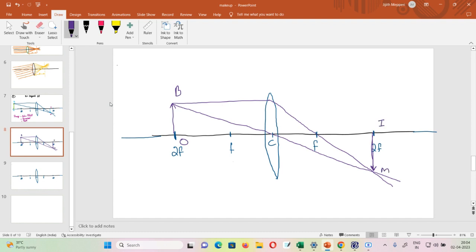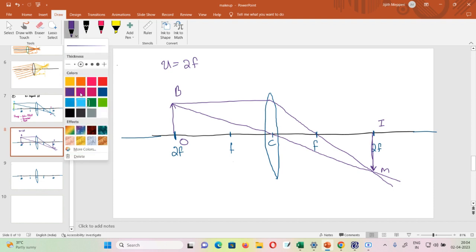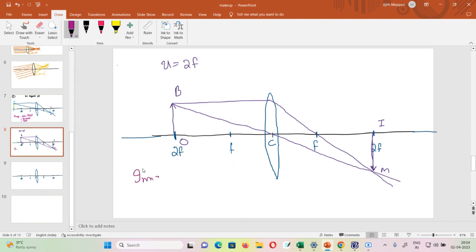If u is equal to 2f, my image will be at 2f on the other side, and the size of the image will be the same size, but it will be inverted, and it will be a real image.